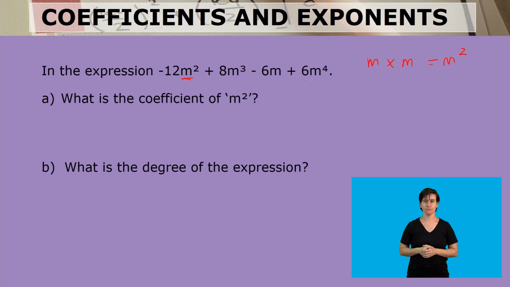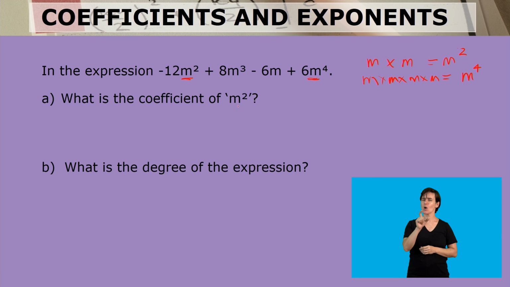Let's look at the last one. It's m multiplied by m multiplied by m multiplied by another m. Then that gives us m to the exponent 4. So those numbers help us to understand how many times that value has been multiplied by itself.